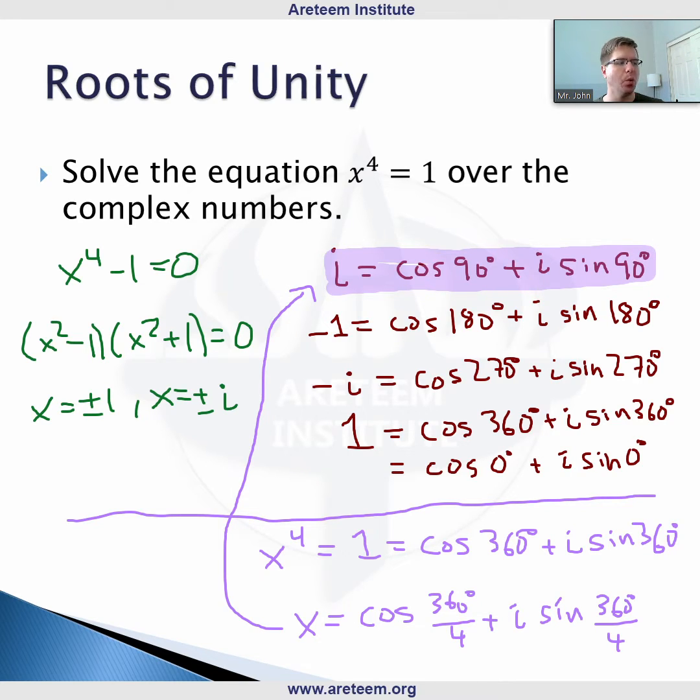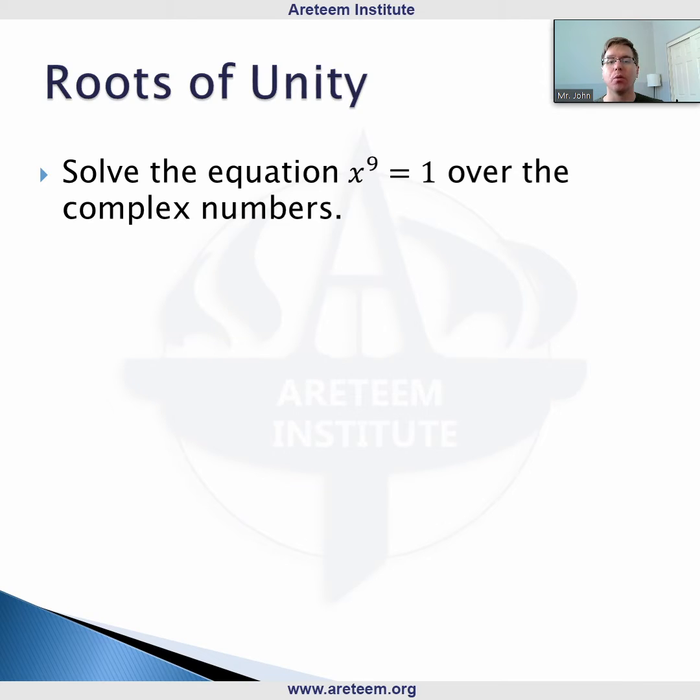And let's do that quick with this example here for x to the 9th equals 1. Now, notice this should have 9 solutions. It's a 9th degree equation, so we're looking for 9 solutions here.